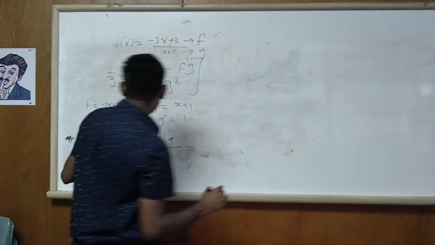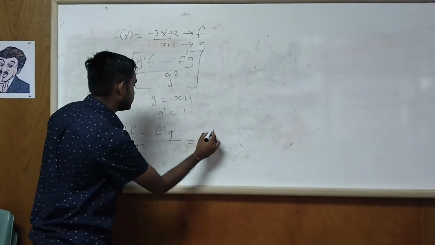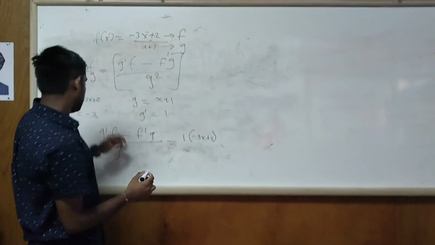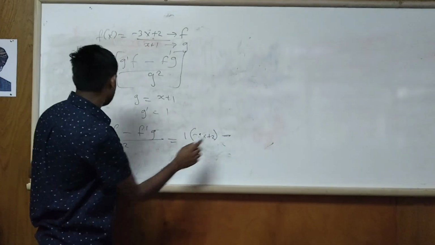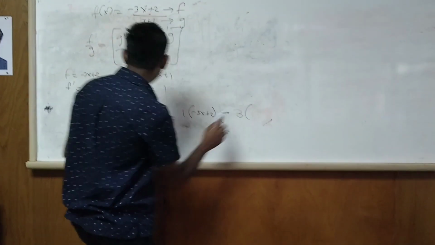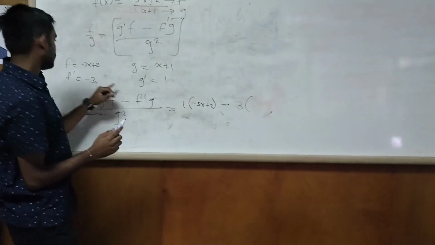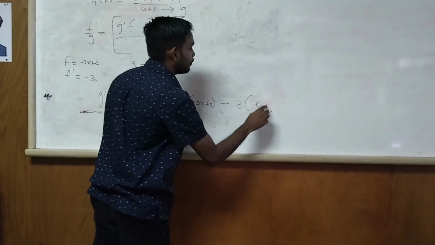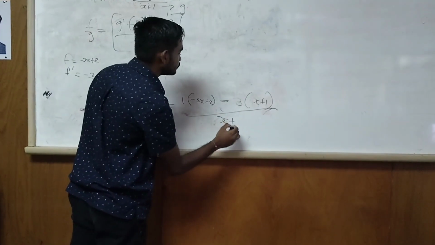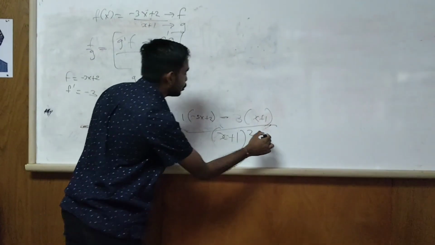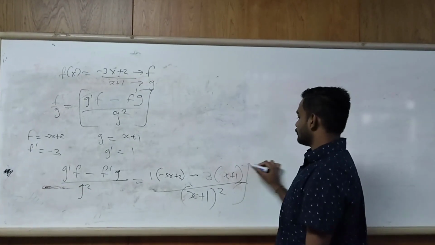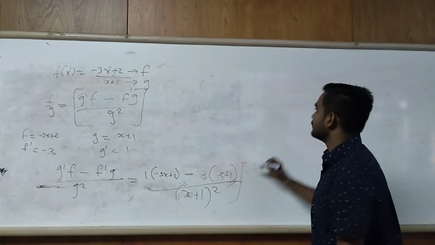So f dash is negative 3 multiplied by g, which is x plus 1, minus f, which is negative 3x plus 2, multiplied by g dash, which is 1, divided by x plus 1 squared. If you leave your answers like this, I'm going to give you full marks. However, if the question says simplify, then we have to simplify this equation.